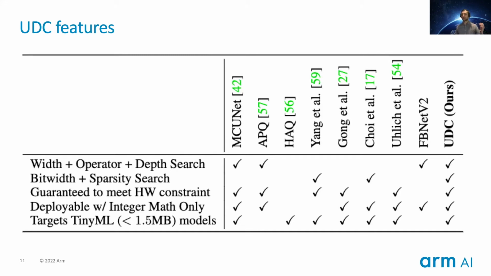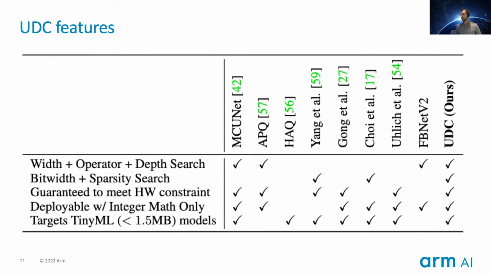It's also guaranteed to meet hardware constraints. Other methods in the space do a regularization approach where you can run the search and get a model, but it can be too large, larger than you expected. And so you have to rerun the search many times to get a model that's actually small enough for your hardware. And that search process ends up being very costly.